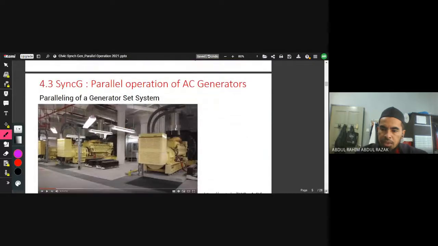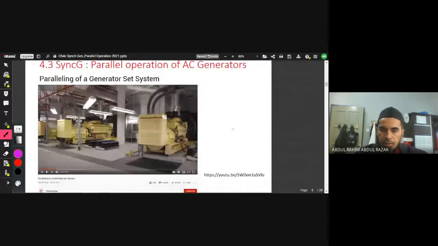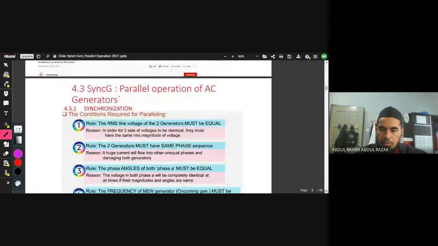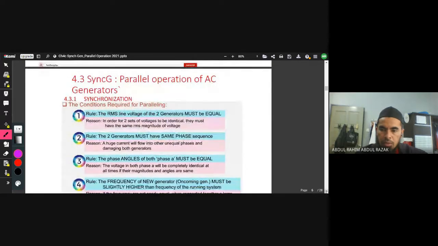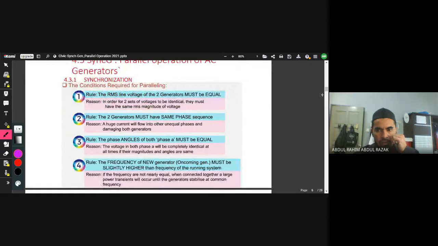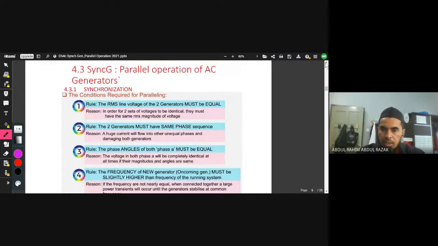So I believe the slides that I shared with you all before, regarding the paralleling of generator systems and the basics of synchronous machines, we have viewed before, so we don't have to run through them again. All the slides that I shared, you should have seen, because they share information that I will not repeat unless you ask me, whichever part you don't understand or still have blurry information on.